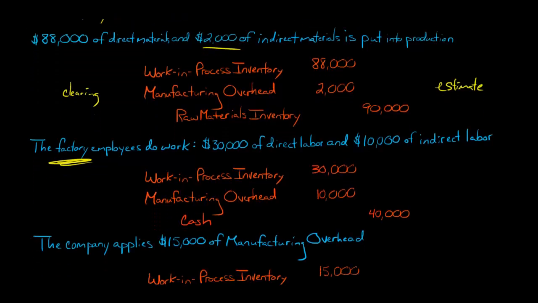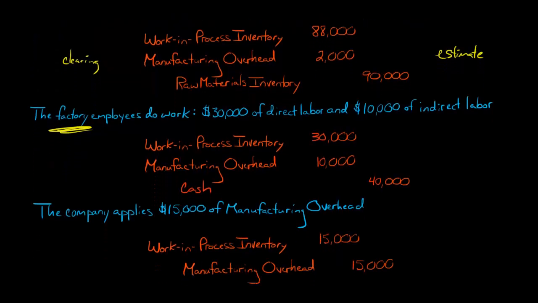Okay, now let's say the company's using job order costing or something and they just finished a job, or we'll get into all that later, but at some point they apply the estimated amount of manufacturing overhead. Let's say they apply $15,000 of manufacturing overhead.